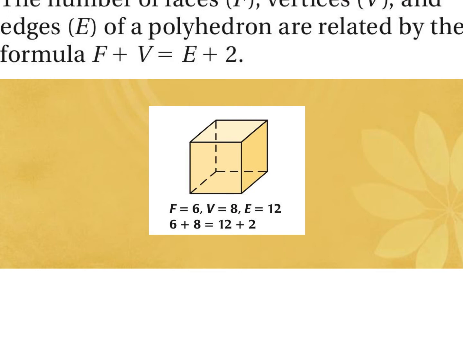So if you were to count, you have 6 faces, you have 8 vertices, and 12 edges. So if you do faces plus vertices, which is 6 plus 8, you get 14. And then the number of edges was 12. So edges plus 2 also equals 14. So it's just a way to double check that you've done it correctly.